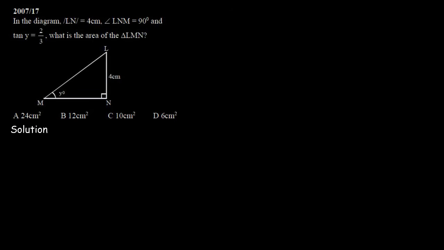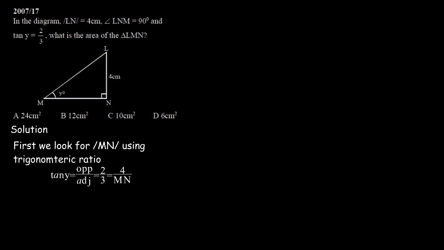Now for our solution, first we look for line MN using trigonometric ratio. From the question, tan Y is equal to opposite over adjacent, which is giving us 2/3, which should be equal to 4 over MN. That's opposite over adjacent. Now cross multiplying, 2 times MN is equal to 4 times 3, which makes 2 MN equal to 12, and dividing both sides by 2, line MN will be equal to 6.